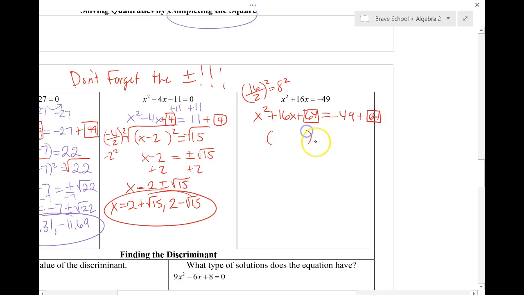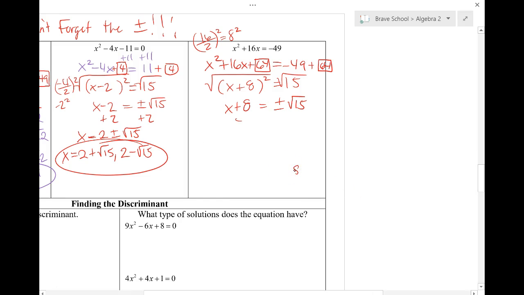So now here, again, remember that the number in here will be b divided by 2, so it would just be x plus 8 squared. And then negative 49 plus 64 is 15. And again, square root both sides. End up with x plus 8 over here, plus or minus square root of 15 here.